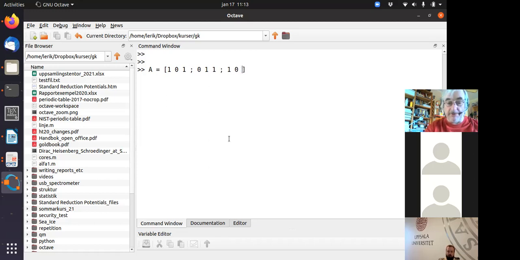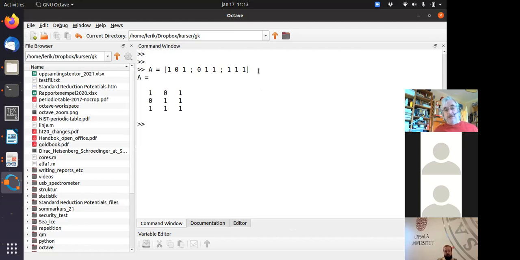No, we shouldn't have two similar. Here are three different first row, second row, and third row. They are marked as different rows by being divided by semicolons.